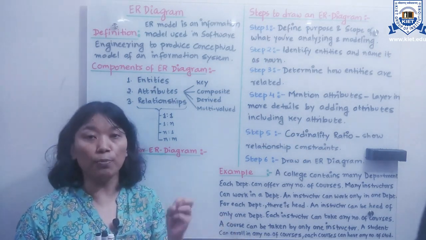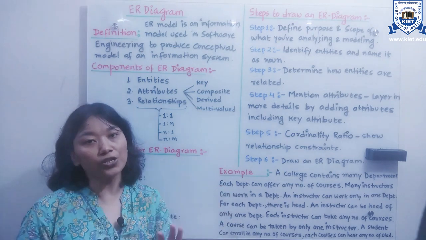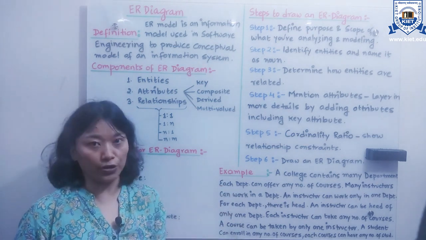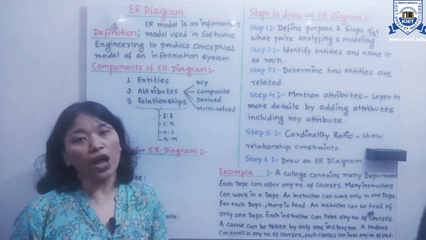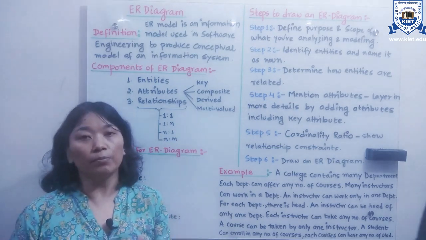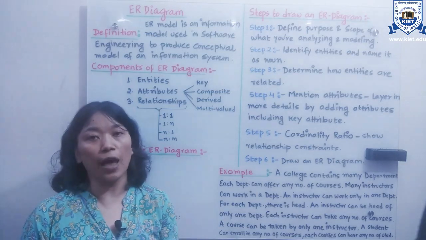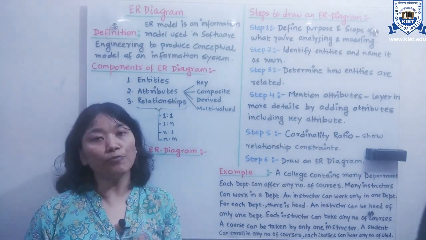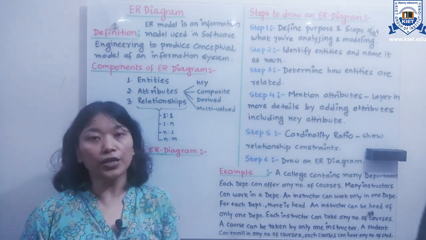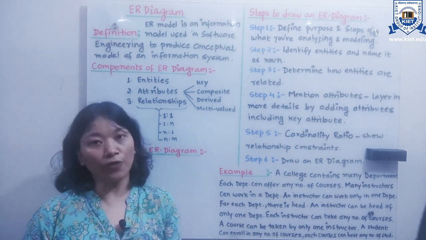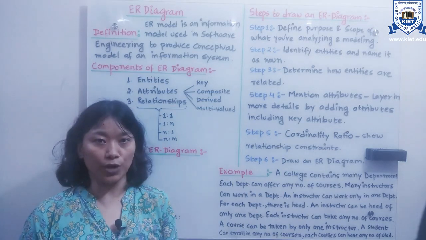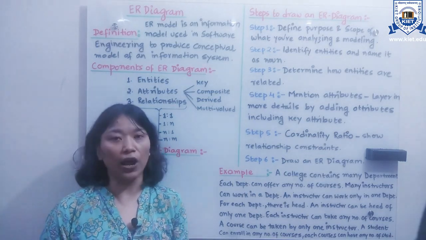So percentage or age are derived attributes. Then multi-valued attributes: attributes which have many values. For example, a student can have multiple mobile numbers or multiple hobbies. Such attributes are multi-valued attributes.